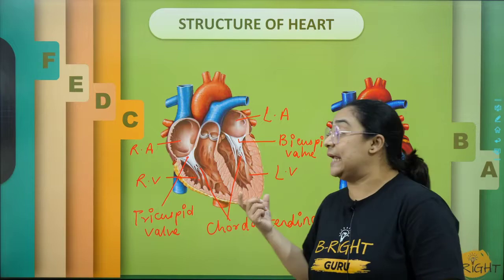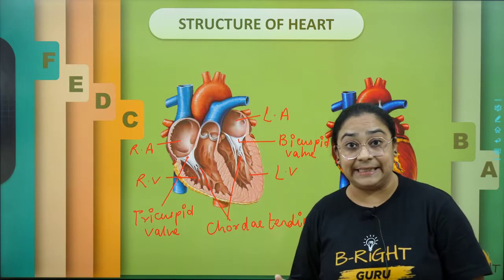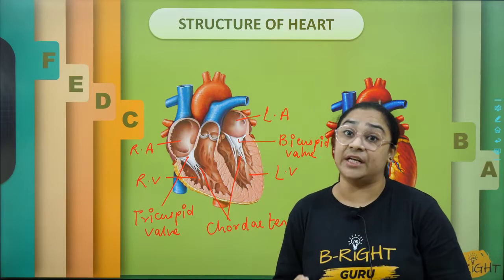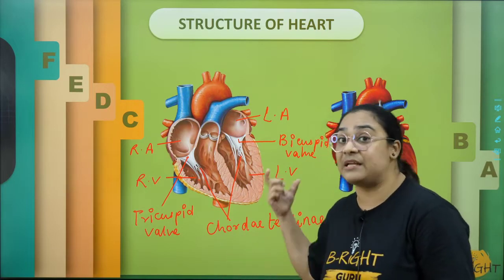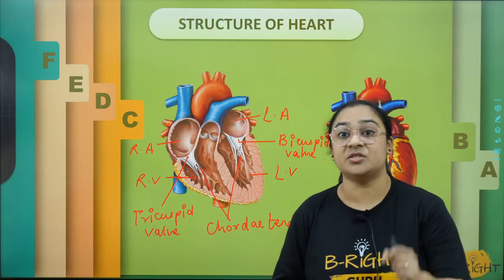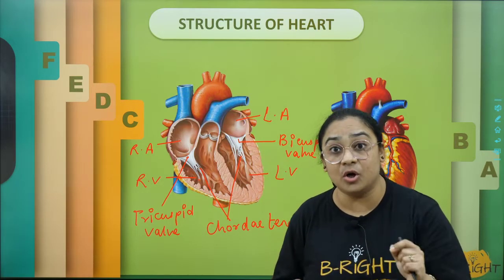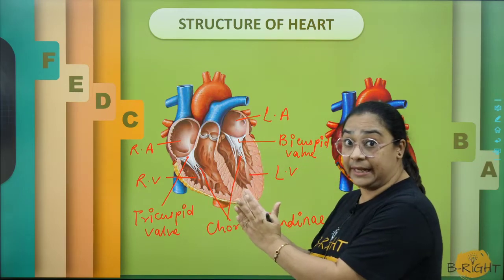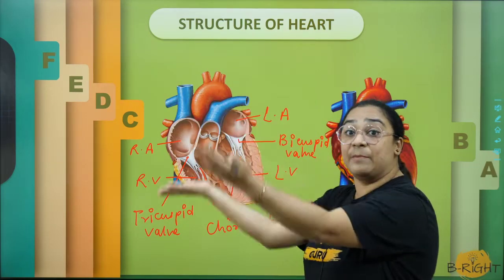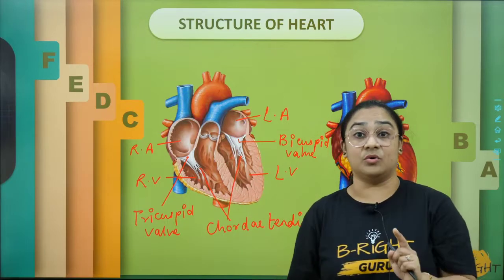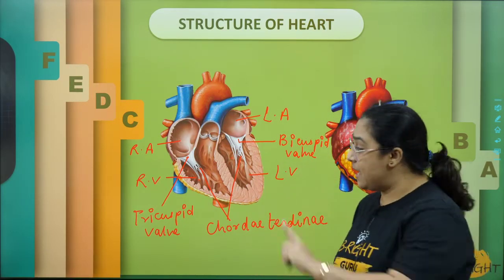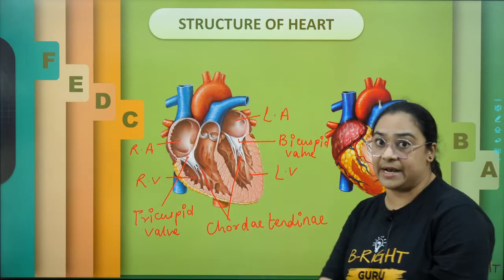It holds the flaps tightly in position so that the flaps remain closed during ventricular systole. That is, when the ventricles are pumping the blood, it is very important for the AV valves to close, and that is the function of chordae tendineae. So these 2 valves and chordae tendineae are done.